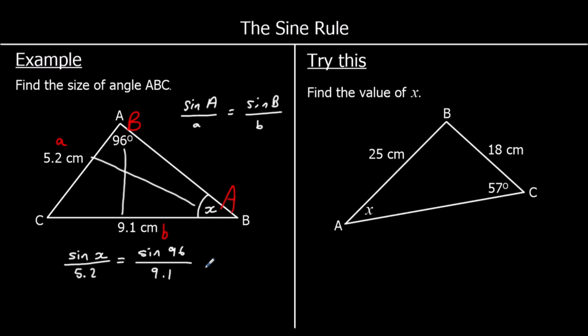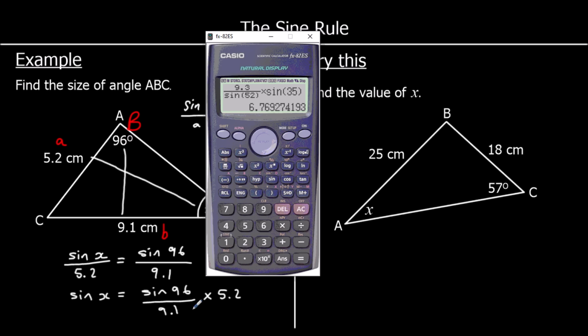So we're going to get sine x by itself by multiplying both sides by 5.2. So we're going to have sine x is equal to sine 96 over 9.1 times 5.2. So we'll type that into the calculator and we'll get our answer for sine x. We'll know what sine x is.